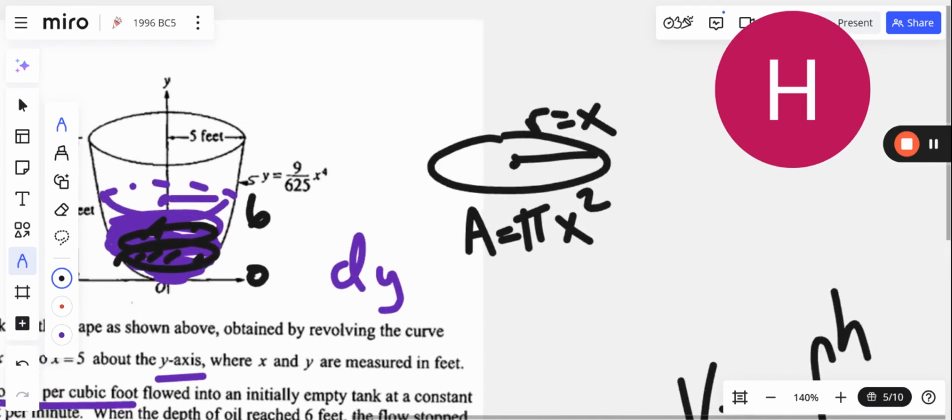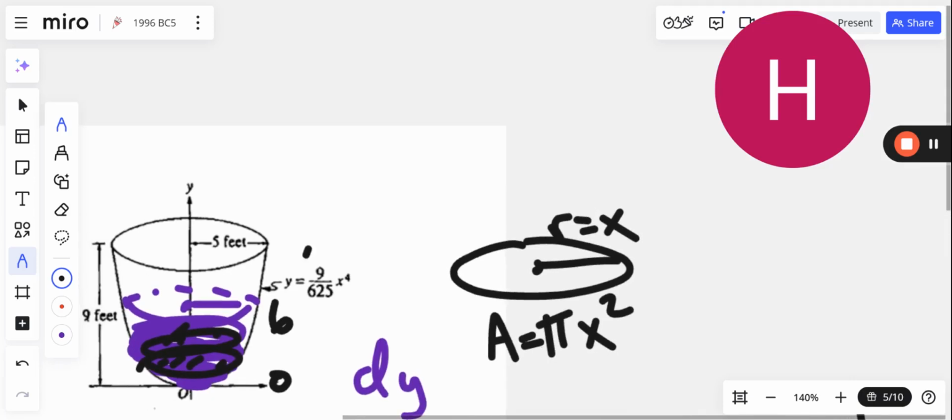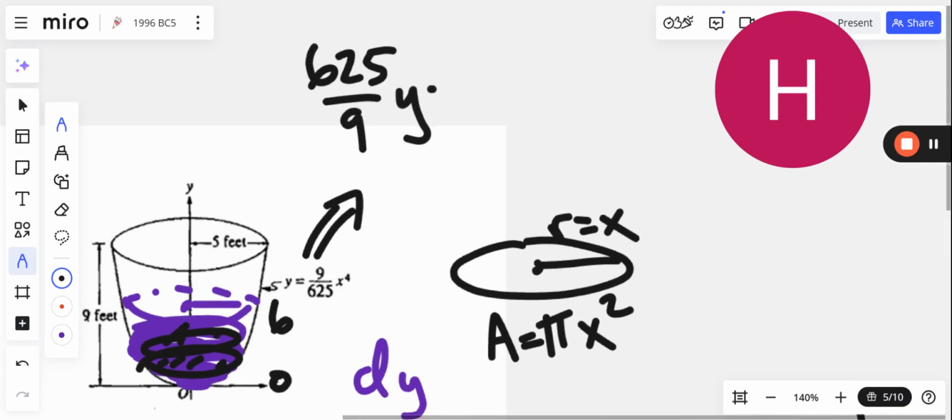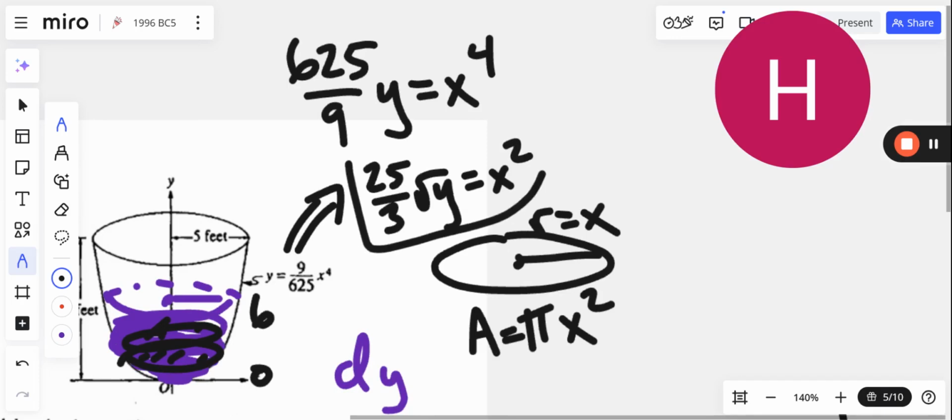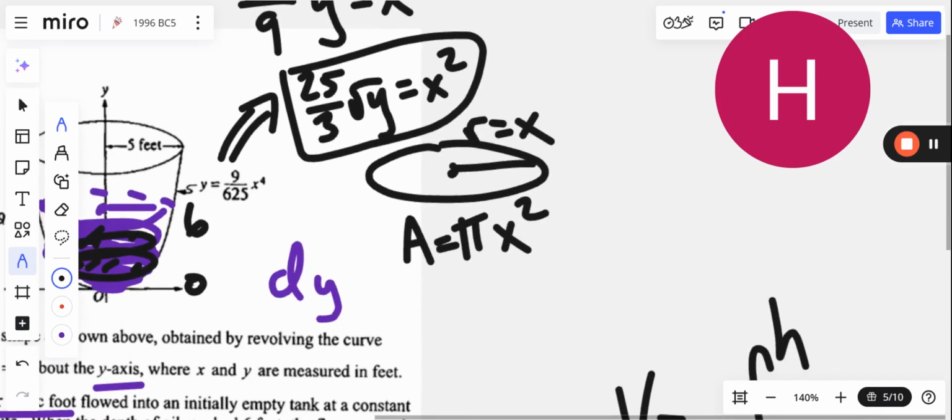So let's find out what x is if we take this equation and kind of solve for it. We're going to end up with 625 over 9 y equals x to the 4th. And if you just take a square root of that, you get 25 over 3 square root of y. That's equal to our x squared. That's good enough. We could just plug that in.